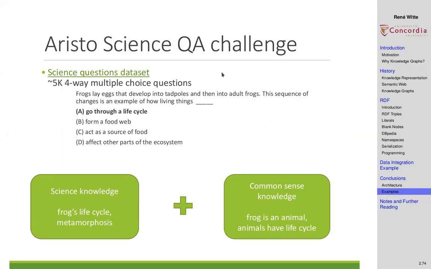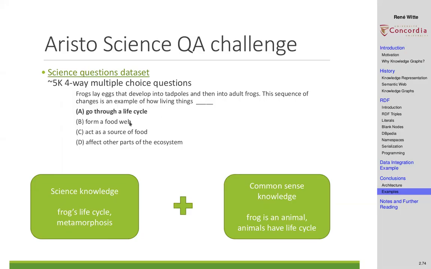For example, there is a task where you have to answer multiple choice questions. So this is something like you would do in a typical high school challenge. You have some, in this case, biology domain, and then you have to give an answer to a question. And now you want to have an AI that is able to answer questions like this.